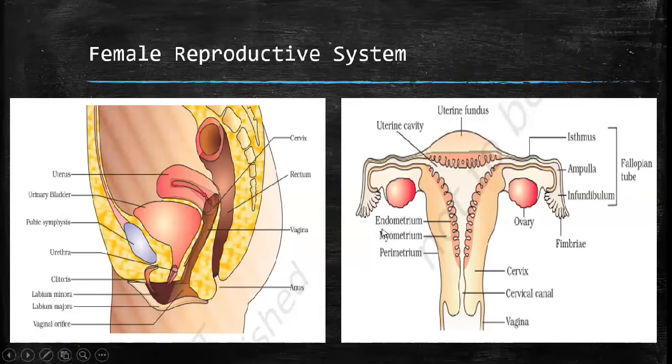Also, myo means muscle, so this part is muscular. It consists of muscles. And in science, peri means outside, like the perimeter. So it's the outside structure, the lining of the uterus. And then here is what we call this part here.